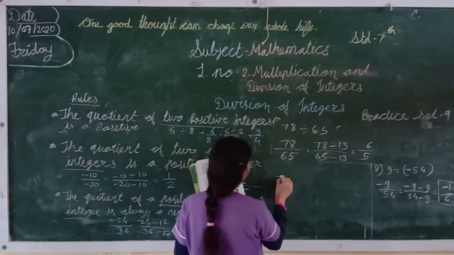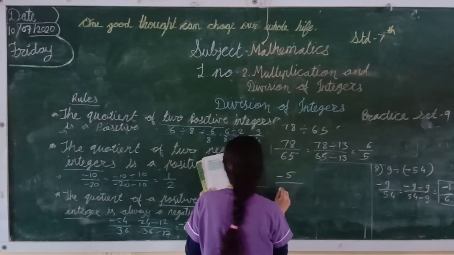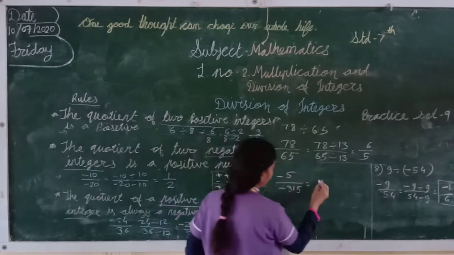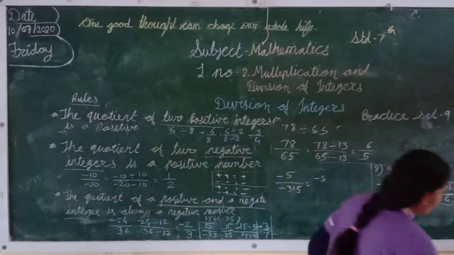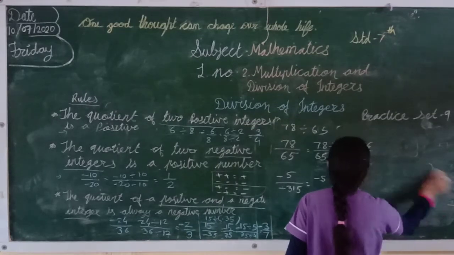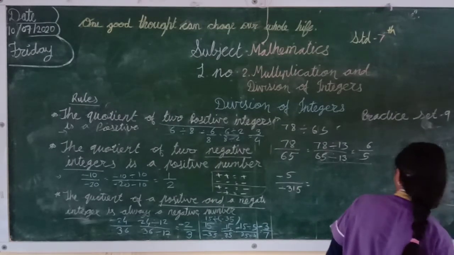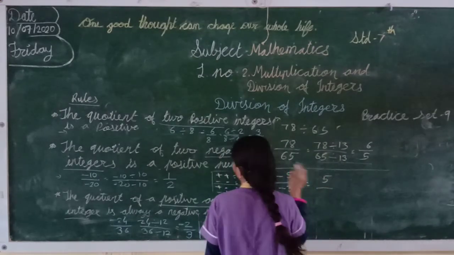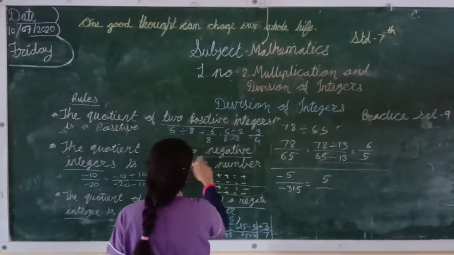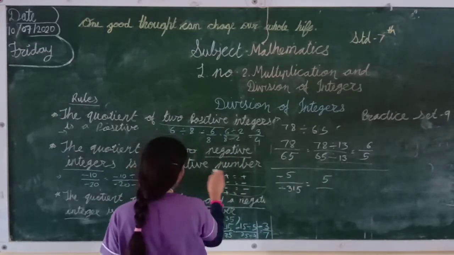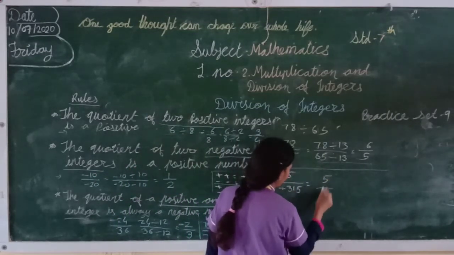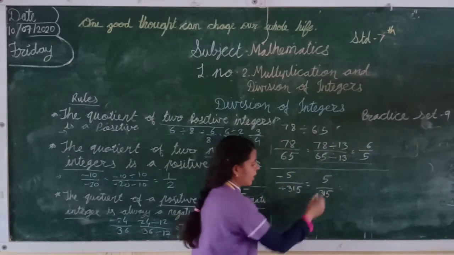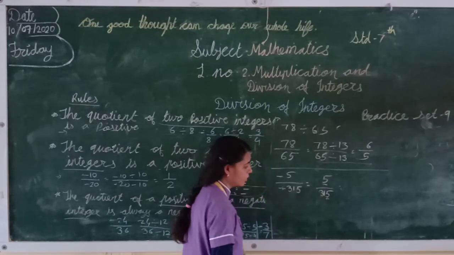Now next one student, minus 5 divided by minus 315. Two negative integers give a positive number. So minus minus is plus. So 5 upon 315. Both numbers here have unit place 5.